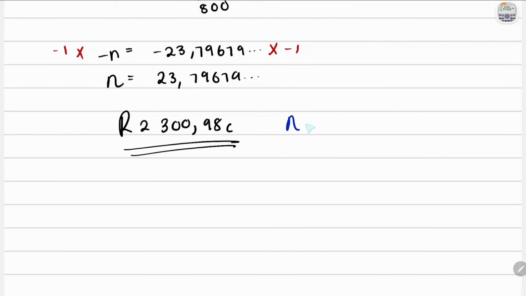If he only pays for 23 months, he's not done, because it means he's made 23 payments of this amount. He still has the 0.796 to go. Now that payment is going to be an amount less than this, but the point is still that the loan is not paid off. So we're going to have to round off to 24. Okay, so n here is going to be 24 payments that he's going to make.